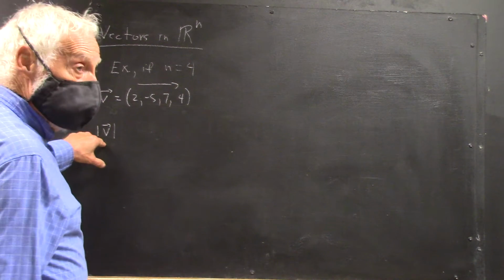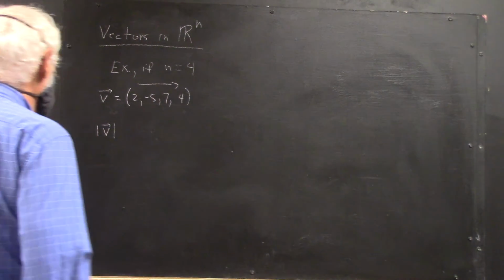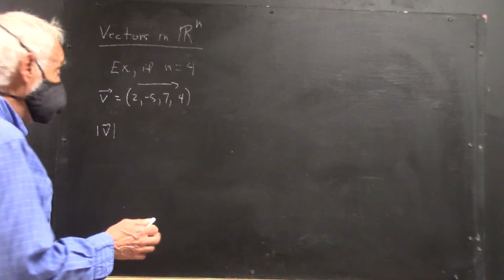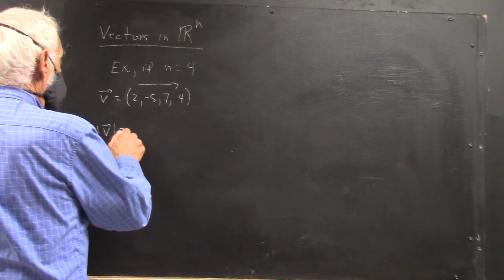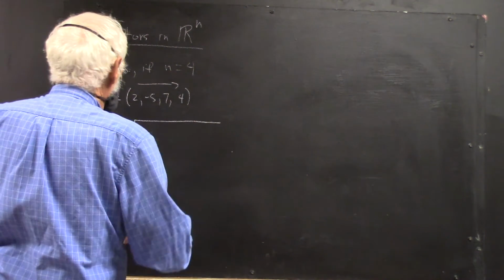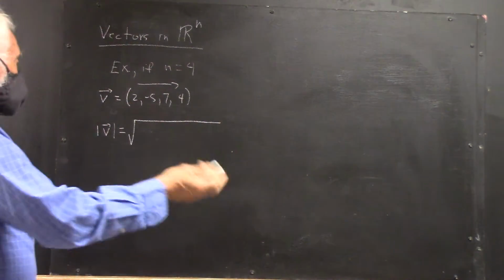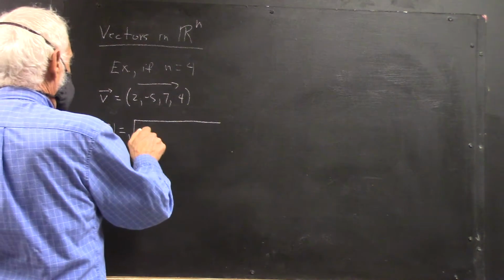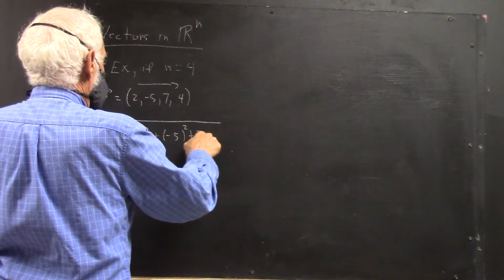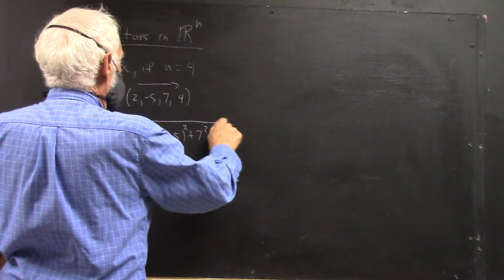So anyhow, the magnitude of V, and I know most of you did, is going to be defined. In linear algebra, we just do it as a dot product of V with V. But here, it's going to be square root of 2 squared plus -5 squared plus 7 squared plus 4 squared.